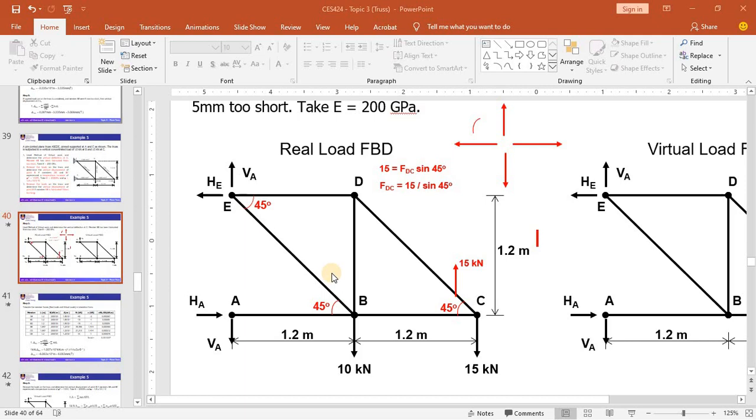Basically, in the virtual work method, we need to calculate the internal forces for the real diagram and for the virtual diagram. This will be very time consuming, especially in a test or examination. So in order to accelerate this process, we will use the easy method to calculate the internal forces in the structures.